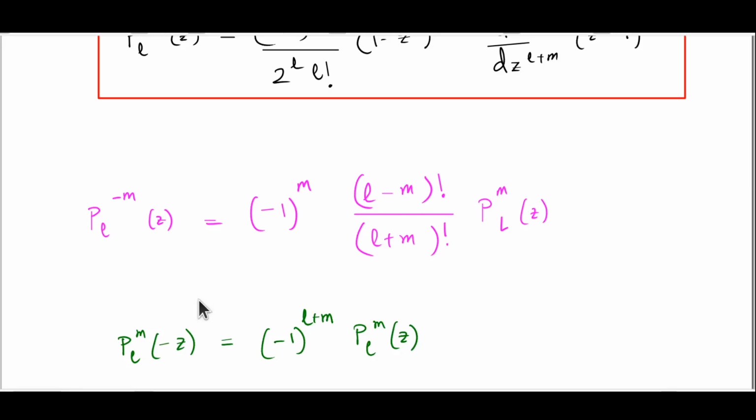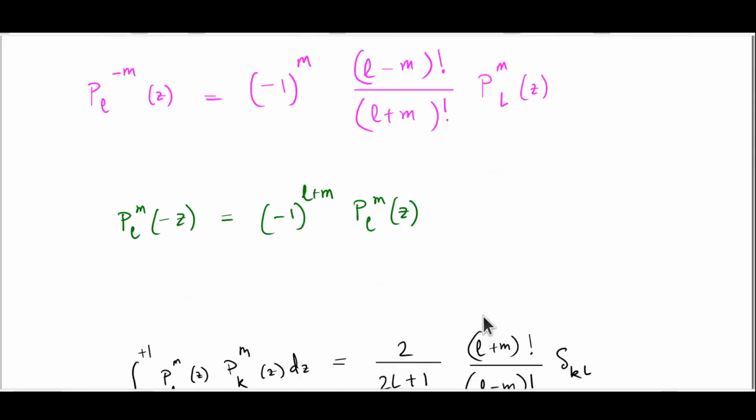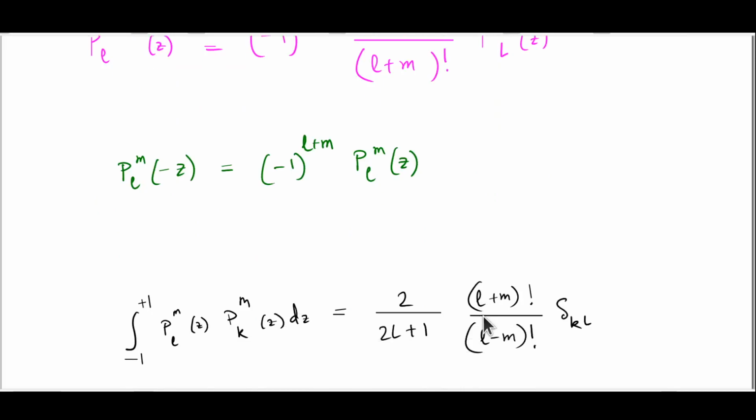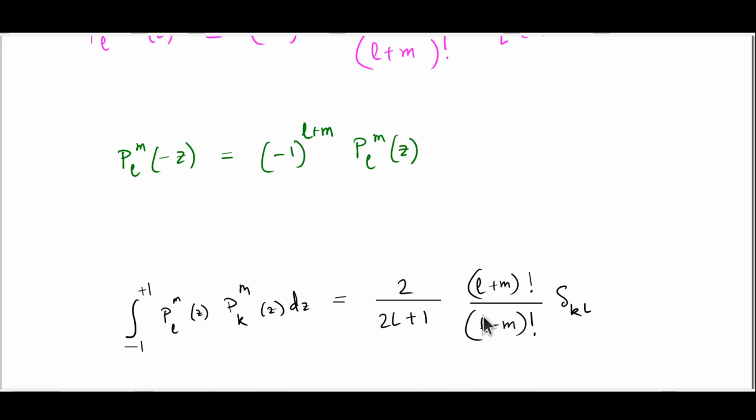Now, this is slightly tricky in the sense that PLM and PKN, if you take two different associated Legendre functions with different values of L, K, M and N, then they are usually not orthogonal to each other. So this is a departure from the kind of functions we have been seeing so far. For the Legendre polynomials, the integral from -1 to +1 with respect to z vanishes whenever you are using two different Legendre polynomials.